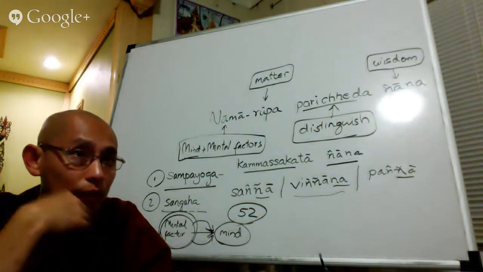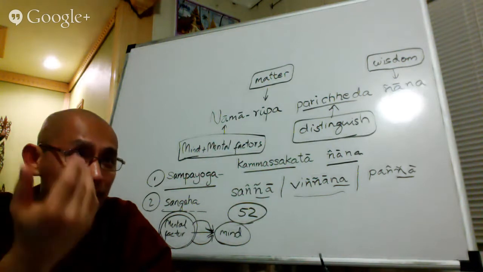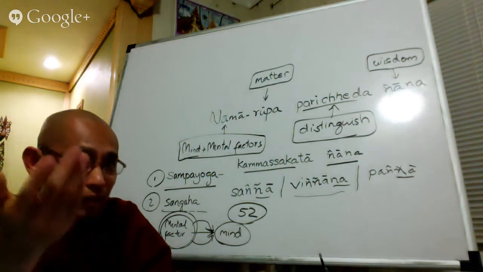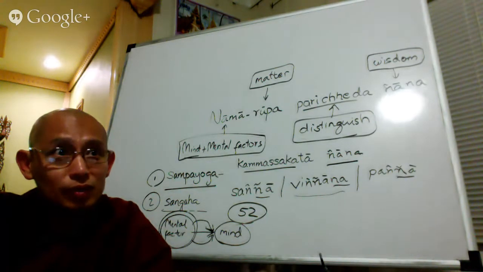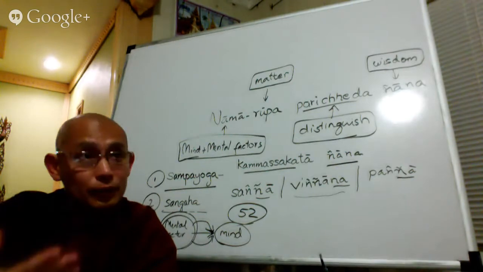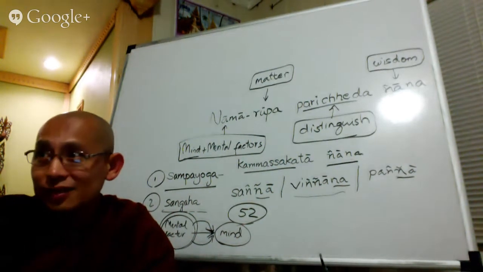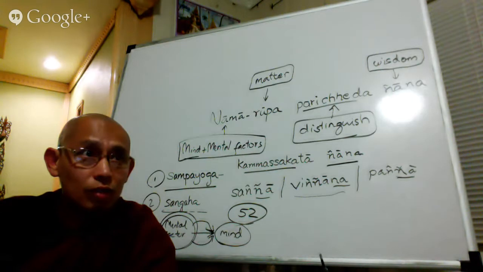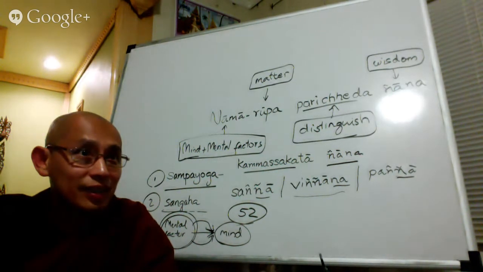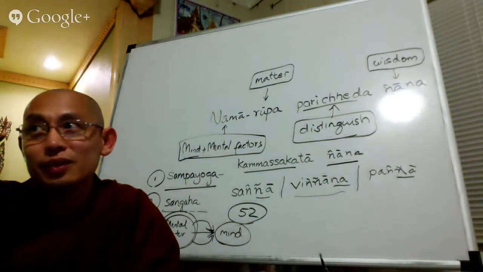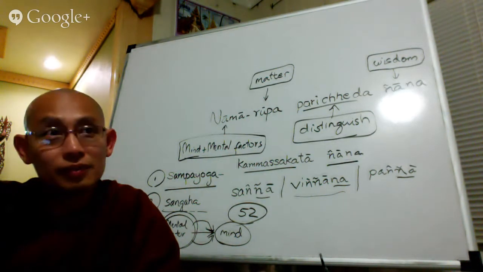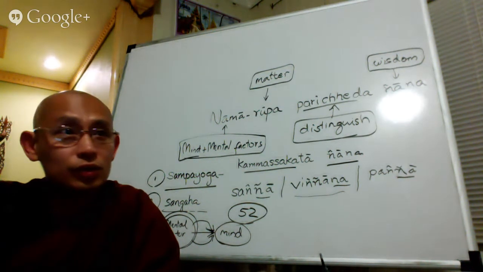Because when we see something or hear something, sense consciousness needs no effort. When we have a visible object, we see; we have sound, we hear. No need to make effort to see or to hear. So that's why the sense consciousnesses are never associated with viriya.